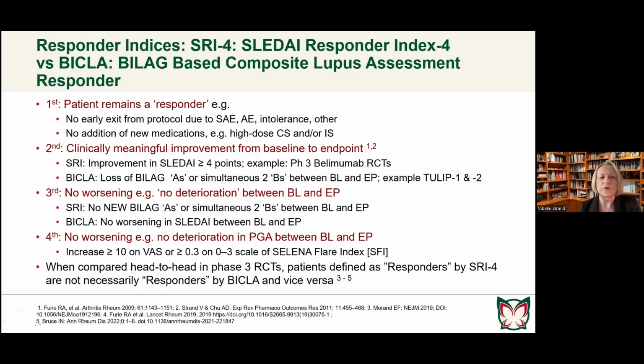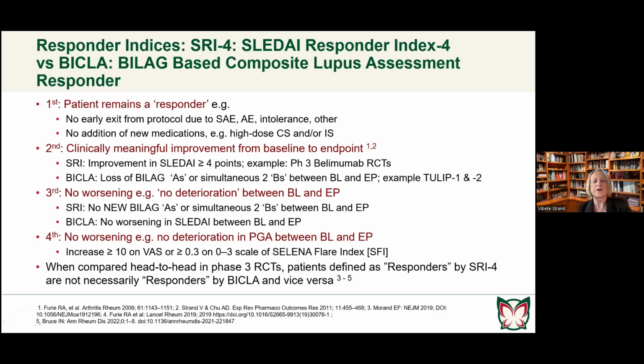Third, there must be no worsening, no deterioration between baseline and endpoint. So that for the SRI-4, it means that the BILAG's included for no new BILAG A's or simultaneous 2 Bs. And for the BICLA, it means that the SLEDAI is included for no worsening between baseline and endpoint.